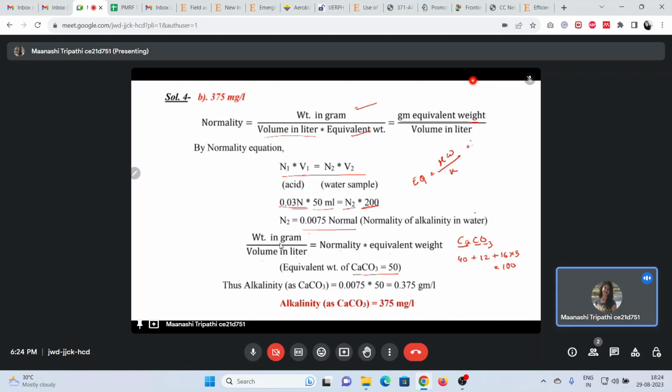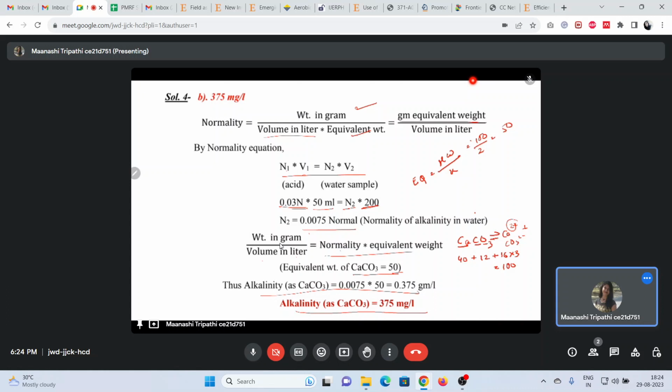And when CaCO3 dissociates, what happens? It gives us Ca2 plus and CO3 2 minus. So what is the valency? 2. That's why we got equivalent weight as 50. So just putting this in the equation, we got alkalinity as CaCO3 as 375 milligrams per liter.